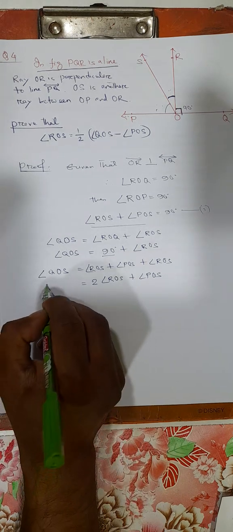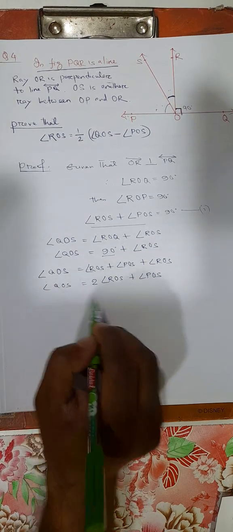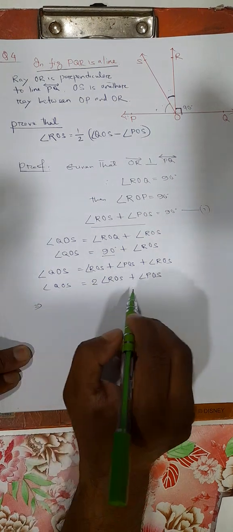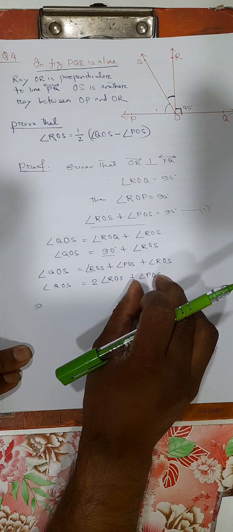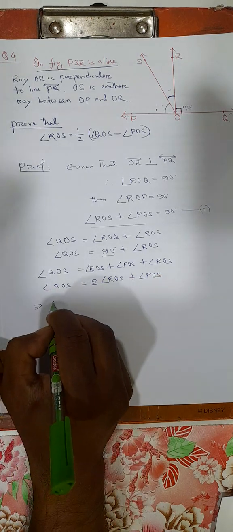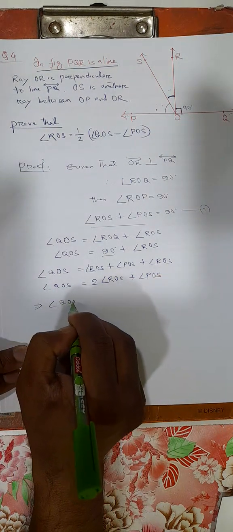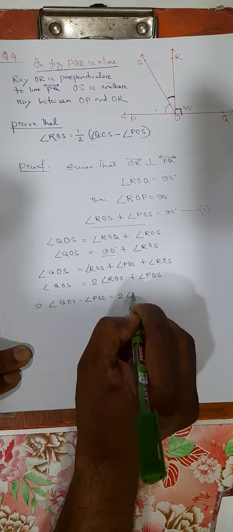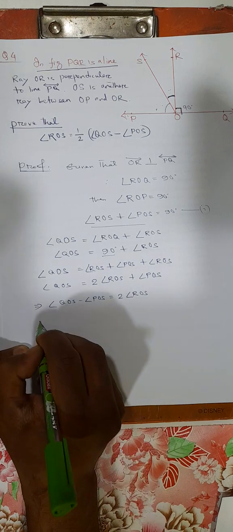So from here you can separate twice of angle ROS. You will transpose this third term to the left hand side. That means angle QOS minus angle POS equal to twice of angle ROS.